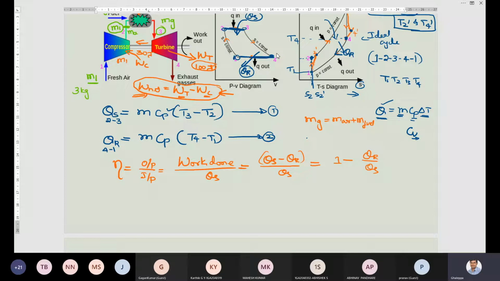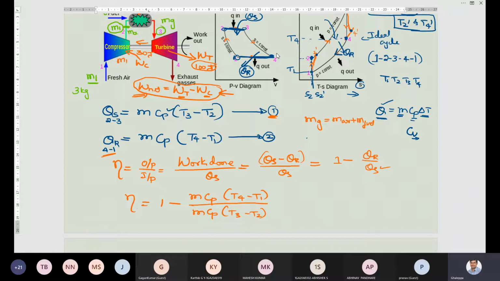So substitute the value of QR. What is QR? 4 to 1 process, heat rejected: M CP (T4 minus T1). Heat supplied is equation number 1, it is here M CP (T3 minus T2).